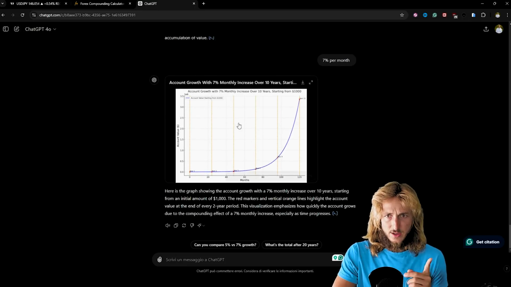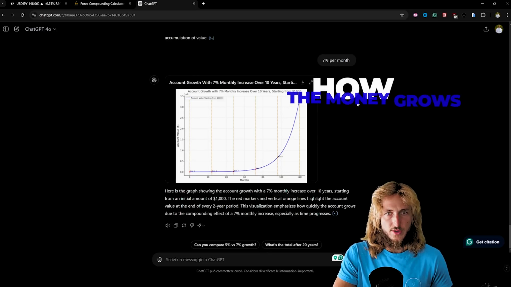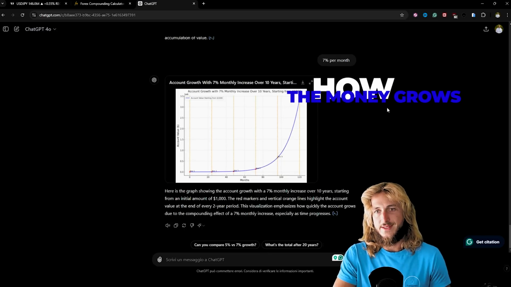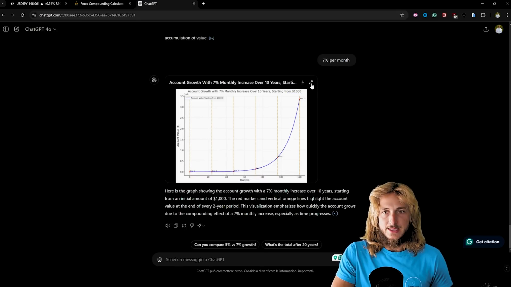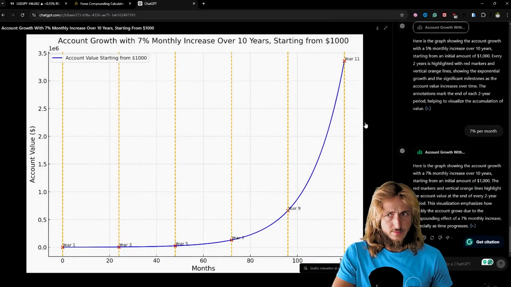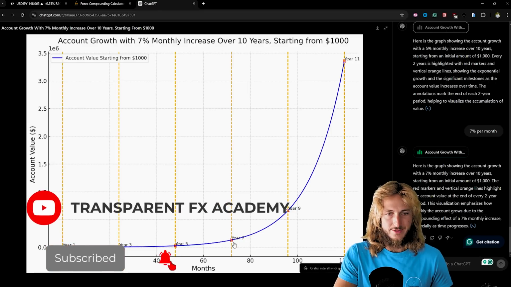In fact, I also made a plot for you so you can see it better. I asked chat here to show the plot of an account growth of 7% per month over 10 years. And the vertical lines are every 2 years, just to show you that at the beginning, and here, this is after essentially year 7.